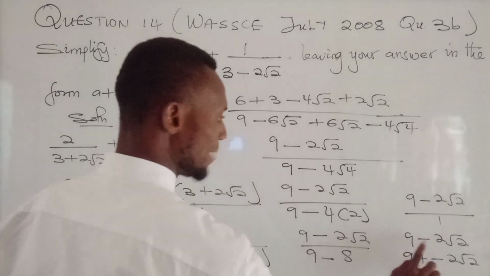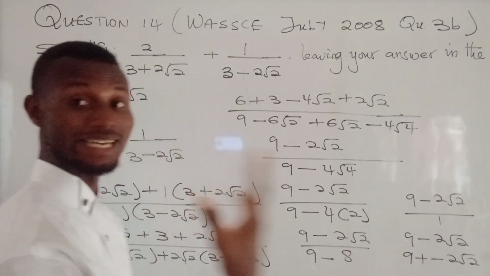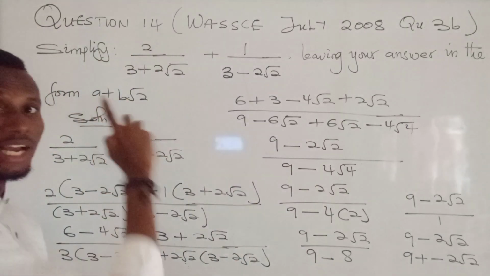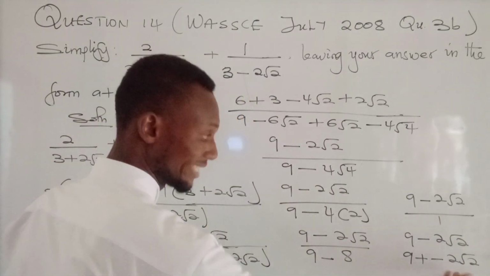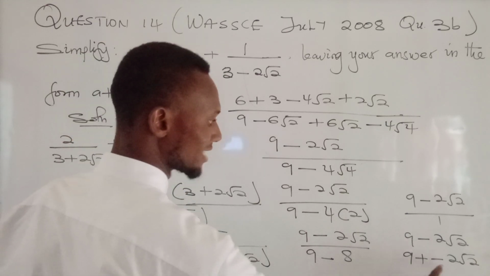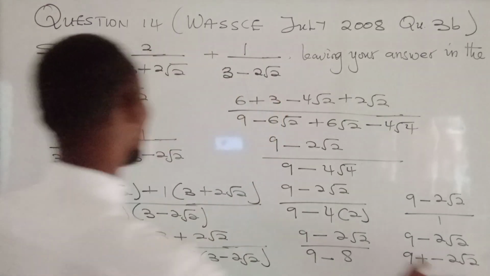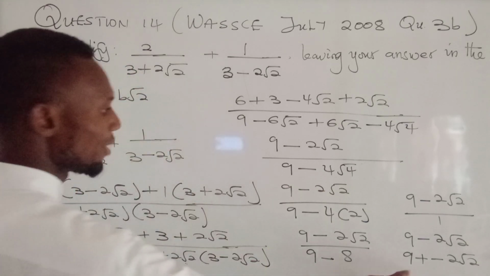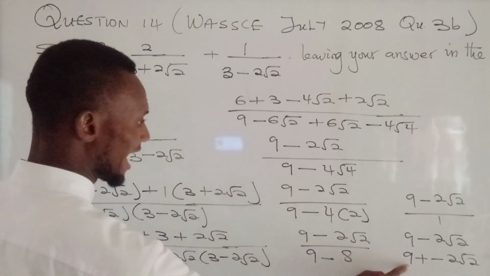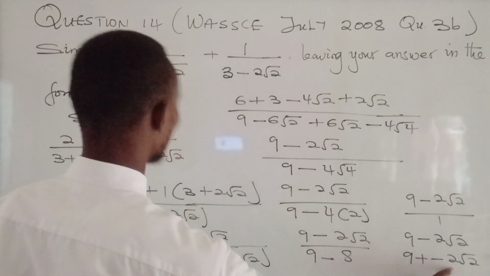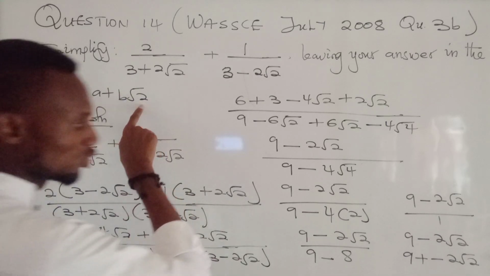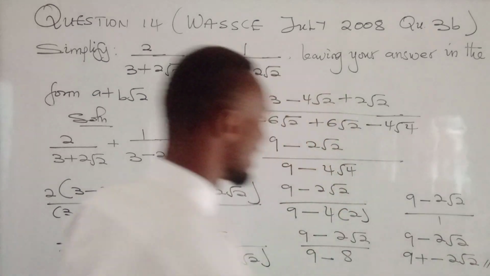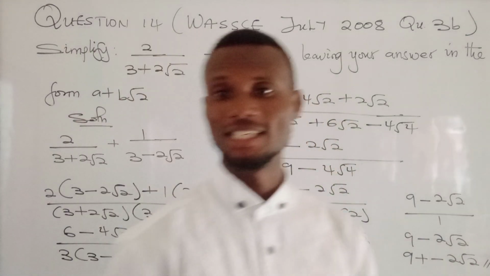So having the 9 minus 2 root 2, we want to write it in a way where the positive sign will come in because we have a positive sign here. That's why I wrote it again to be 9 plus minus 2 root 2, so that it will be of this form. So when we compare, you can see that our a is the 9 and our b is the minus 2, and you can see we have our root 2 here and root 2 also here. So this is the final answer for simplifying the question on the board.